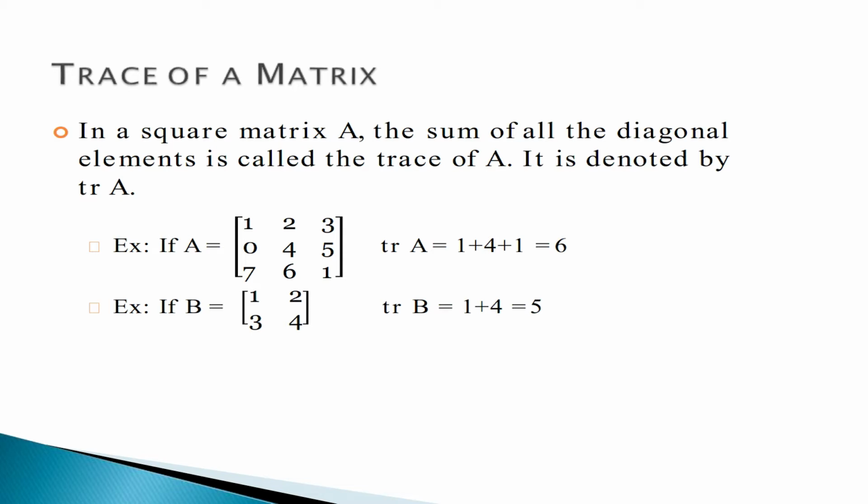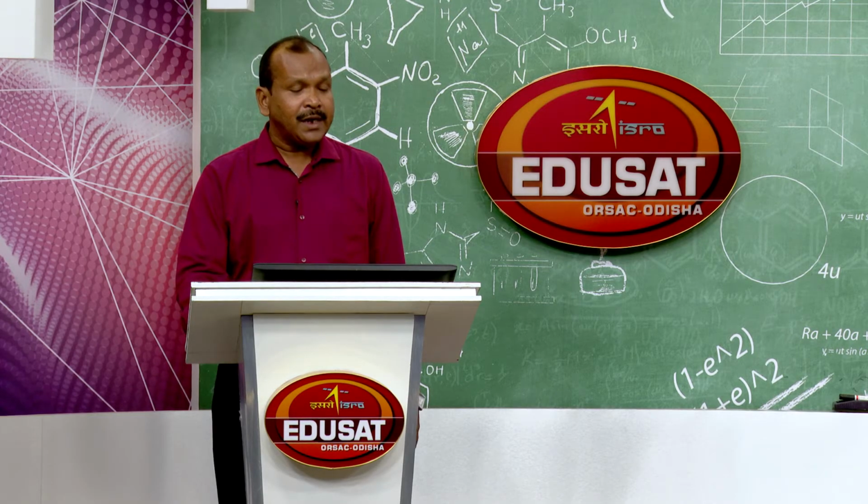Similarly, in example 2, if B is the matrix containing the elements 1, 2, 3, 4, this is a square matrix of order 2. Here the trace of B is the sum of the leading diagonal elements, 1 plus 4, that is 5. That is called the trace of a matrix.